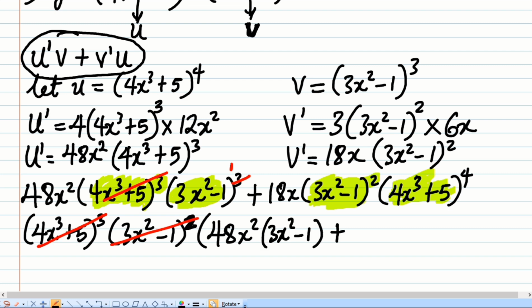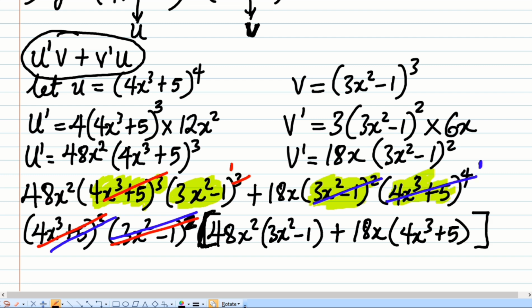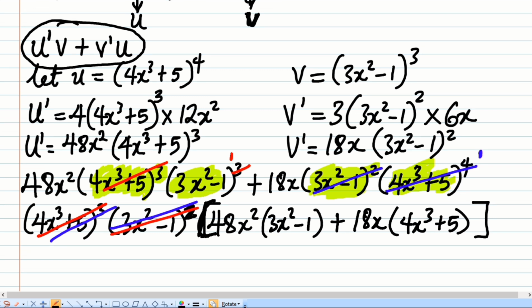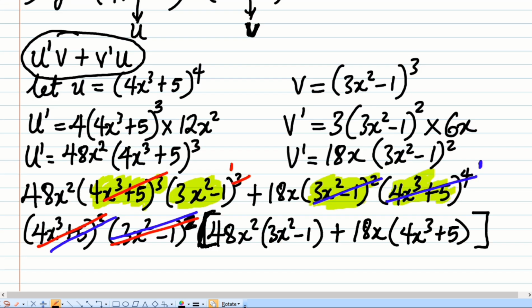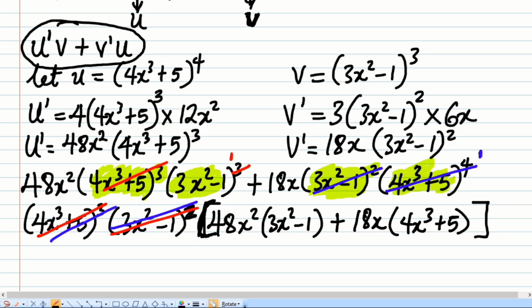Good. And then plus. On the other hand, notice that this time around, this cancels this completely because that's raised to power 2, leaving another one there. Okay, so very good, we take notes. However, 18x is unchanged, so I have 18x into 4s cubed plus 5.